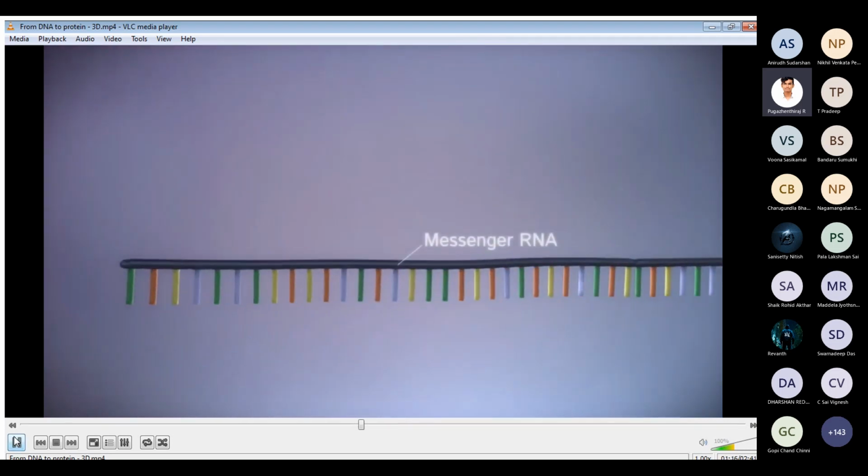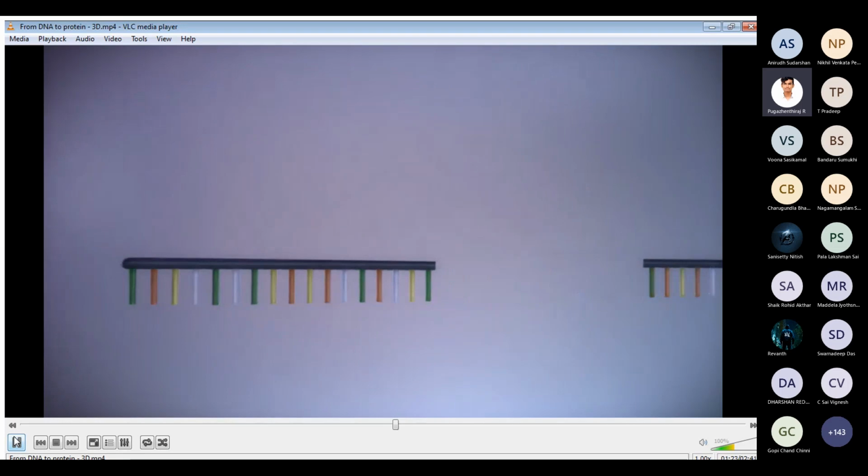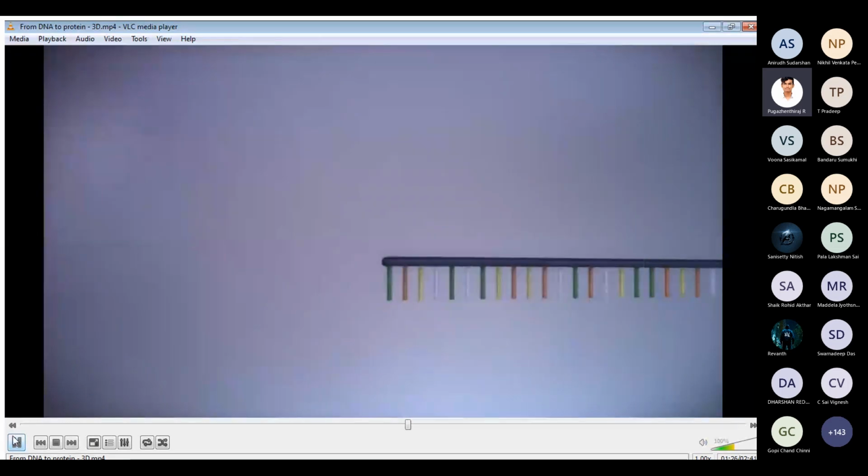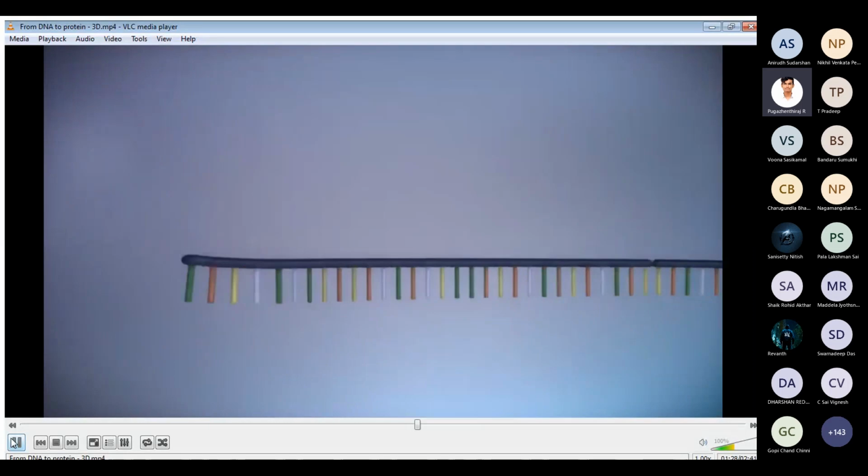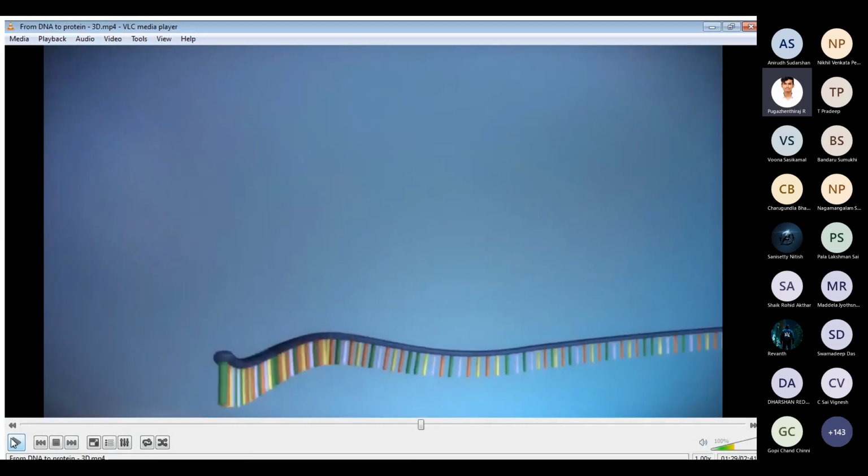Before the messenger RNA can be used as a template for the production of proteins, it needs to be processed. This involves removing and adding sections of RNA. If you have seen the diagram, there is something called pre-mRNA and mRNA, because not the entire stretch of the RNA will be useful.